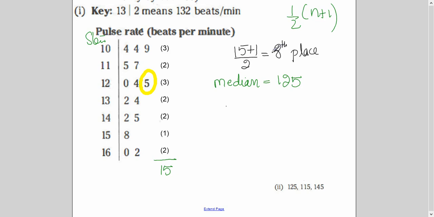Now this 8 is not your answer. This 8 is the place at which the data is present, and you will pick that up. So if I count from here, 1, 2, 3, 3 plus 2, 5, 6, 7, 8. So your answer is 125. So this is how you will get your median.